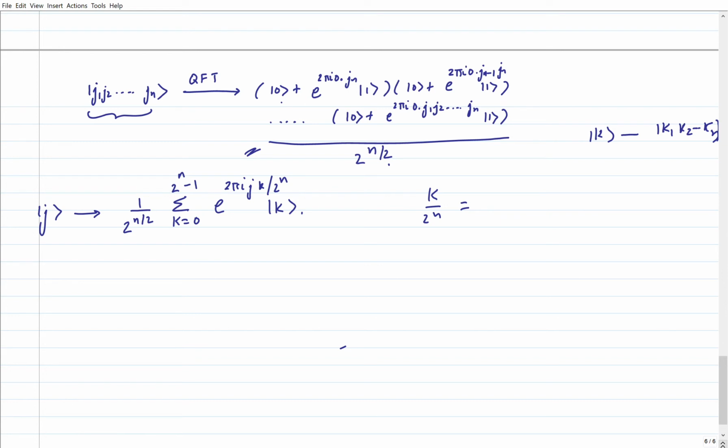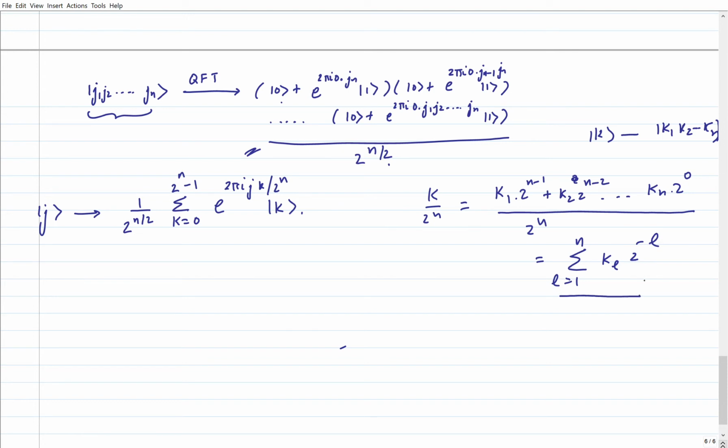So in the binary representation, this is just going to be k1 2n minus 1 plus k2 2n minus 2, up to kn 2 to the power of 0, divided by 2 to the power of n. Well, that's going to be the sum over l of kl 2 to the power of minus l.